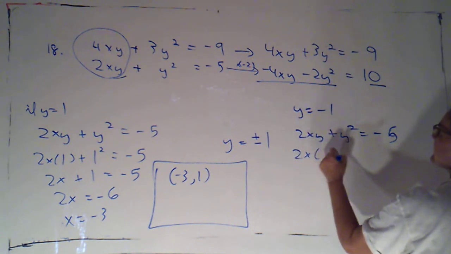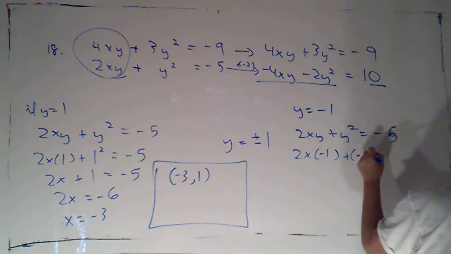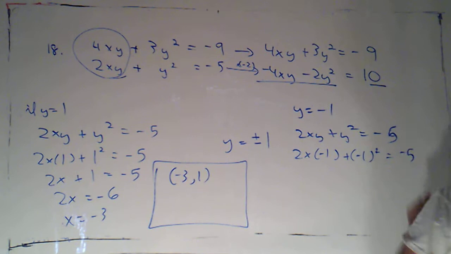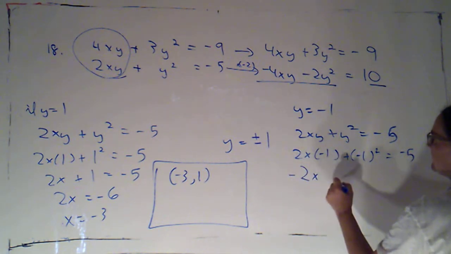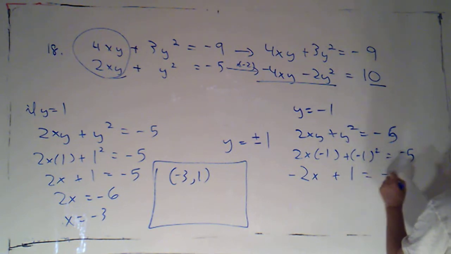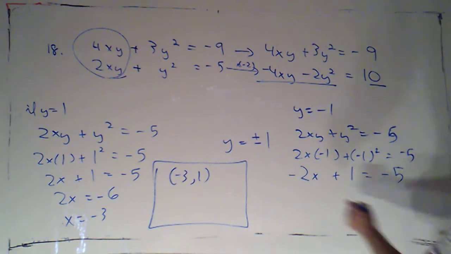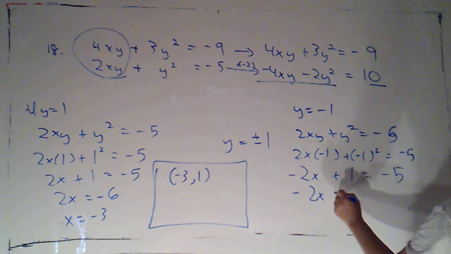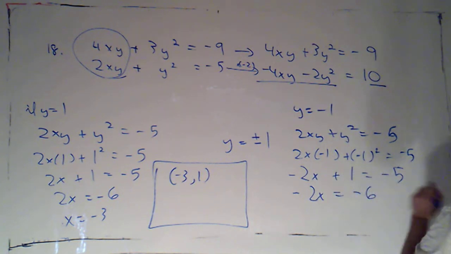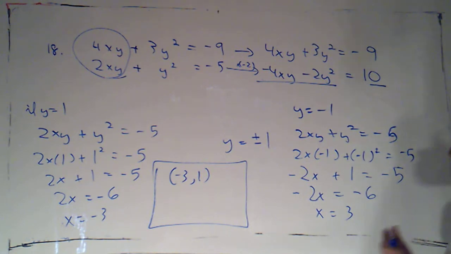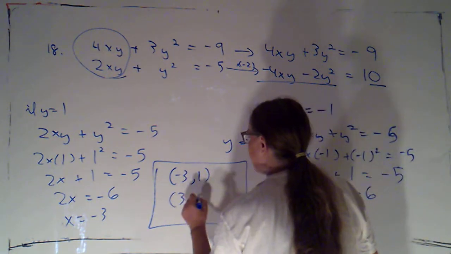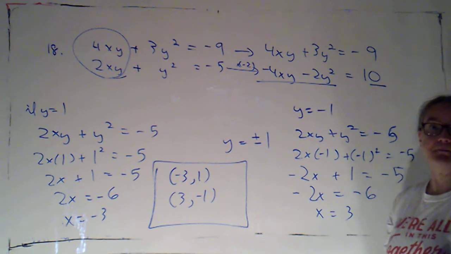That becomes 2x times negative 1 plus negative 1 squared equals negative 5. So that's negative 2x plus 1 equals negative 5. Negative 2x equals negative 6. X equals positive 3. So I'm getting 3, negative 1.